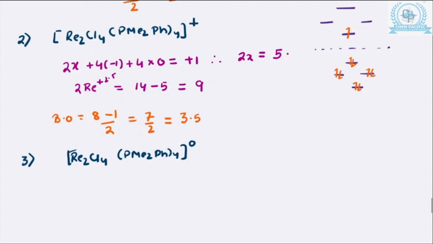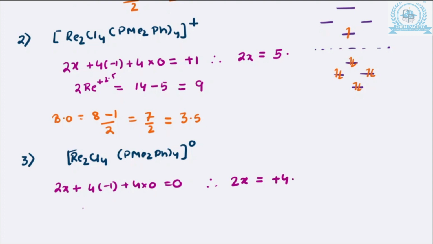Again we are going to calculate in the same manner. If you consider the oxidation state of each rhenium to be x, for both it is 2x, so 4 minus 1 plus 4 into 0 is equal to 0. So therefore 2x will turn out to be plus 4.